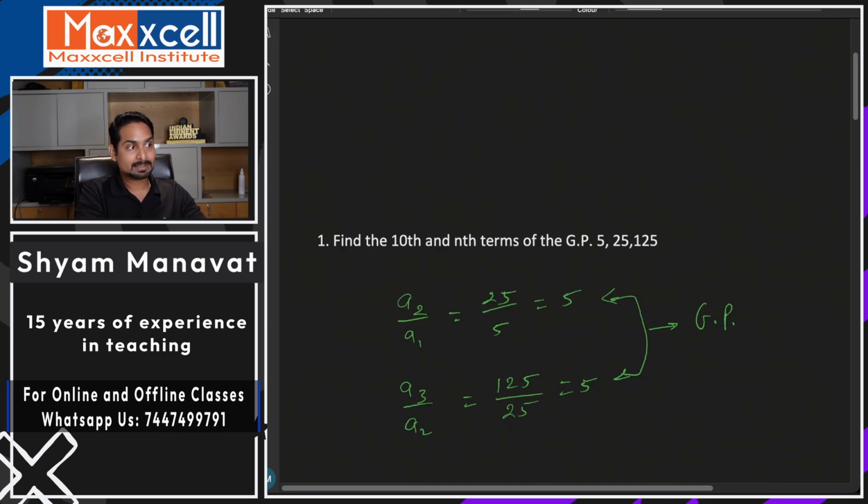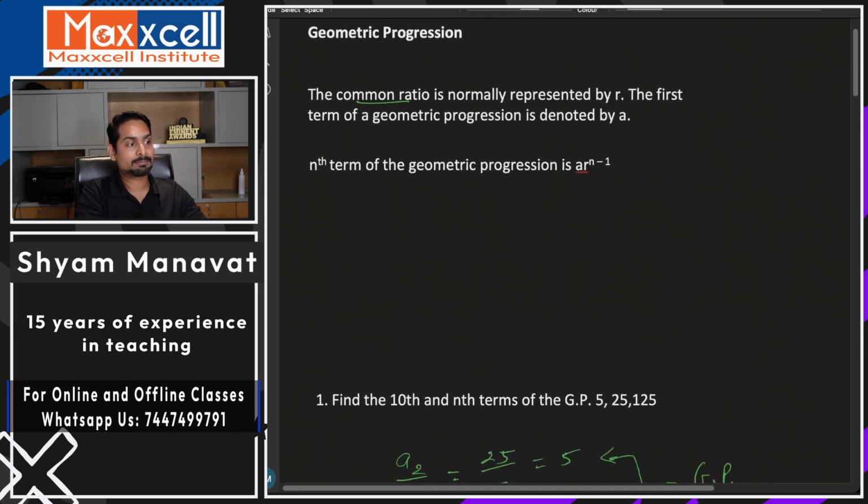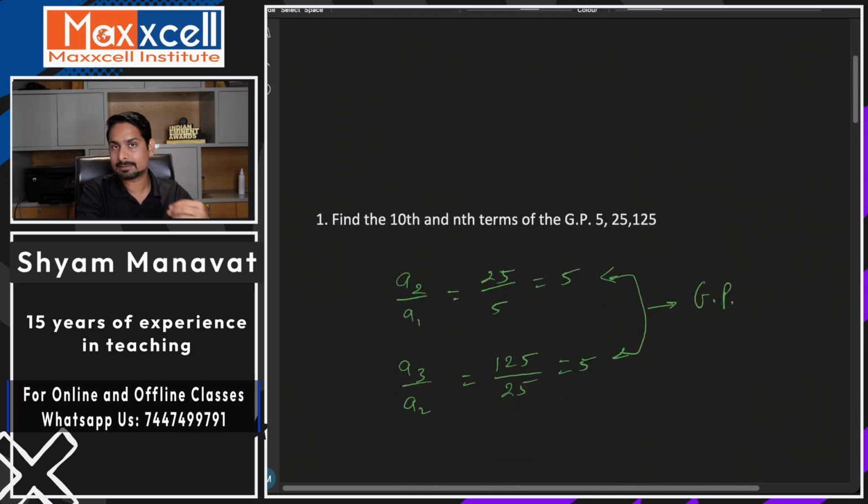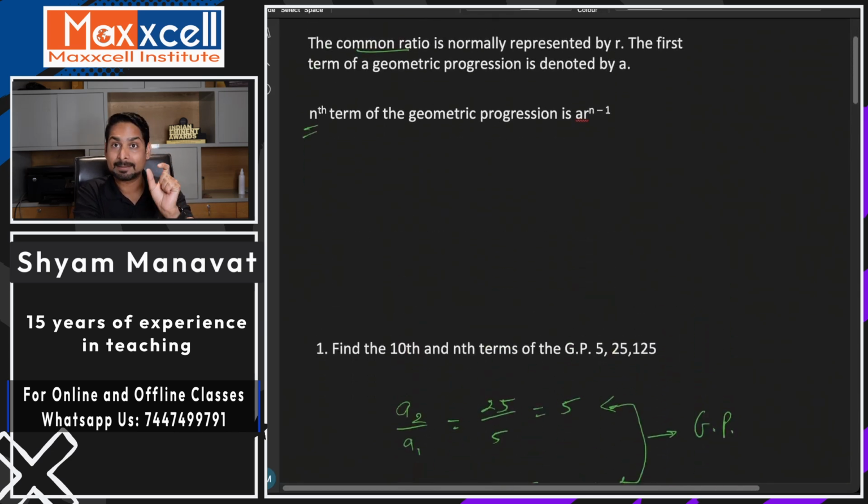Here, the nth term in the geometric progression. Well, before that, let's understand the terms. Here n always represents the number of terms, an is the nth term, a is the first term, as we have discussed in arithmetic progression also, and r is the common ratio, this 5, 5.